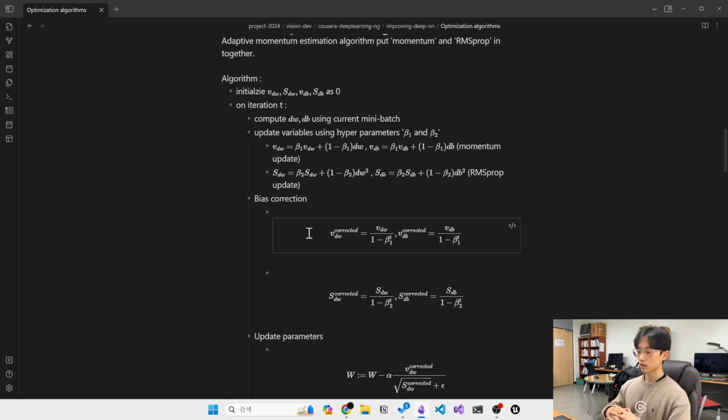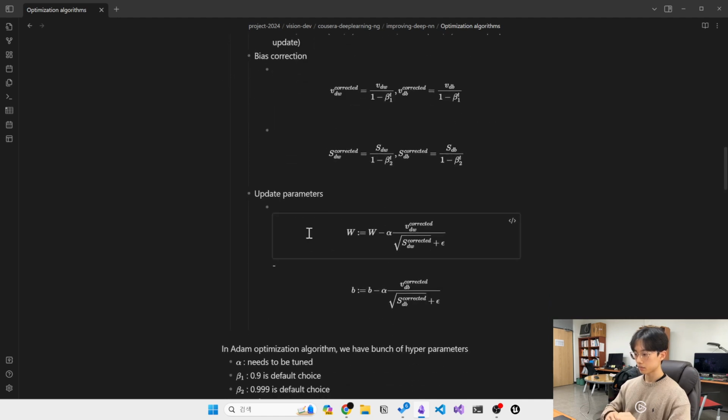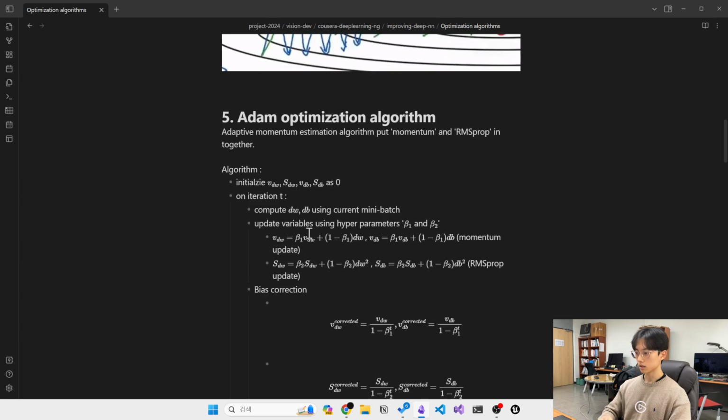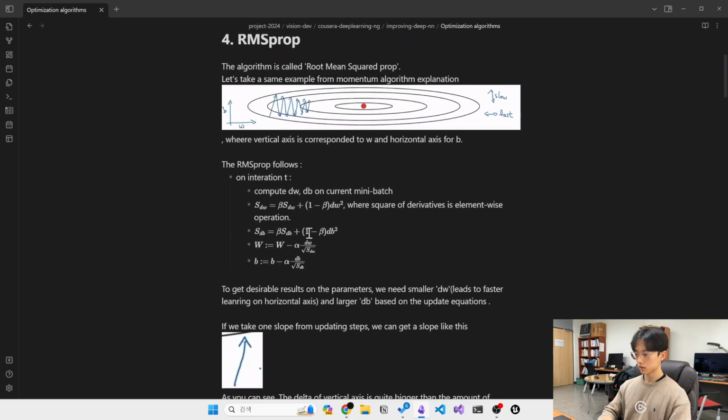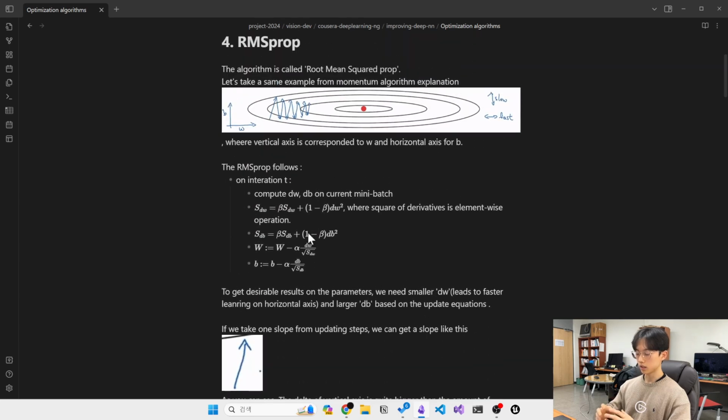And in the implementation, we also use bias correction for Adam optimization algorithm. In RMSprop, we divided the actual dW and db by the square root of SdW and Sdb.